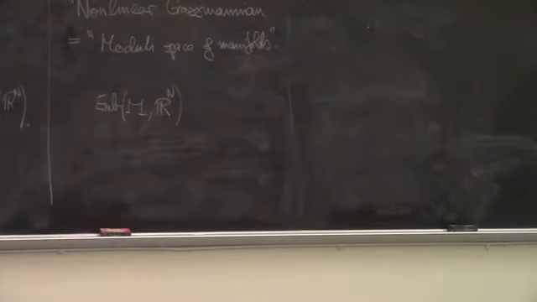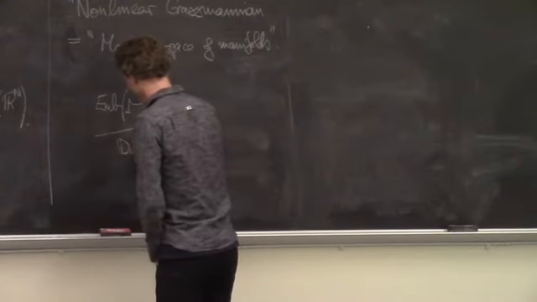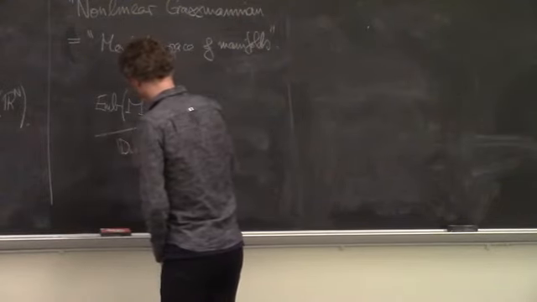Instead of GL_d, namely linear automorphisms of this object, I take smooth automorphisms. So divide out by the group of diffeomorphisms of M.